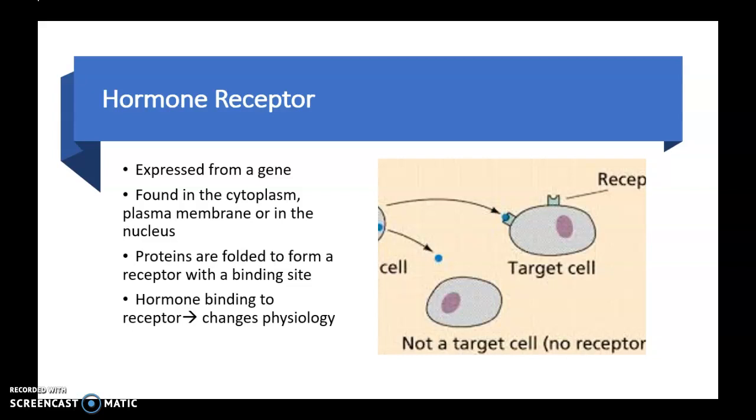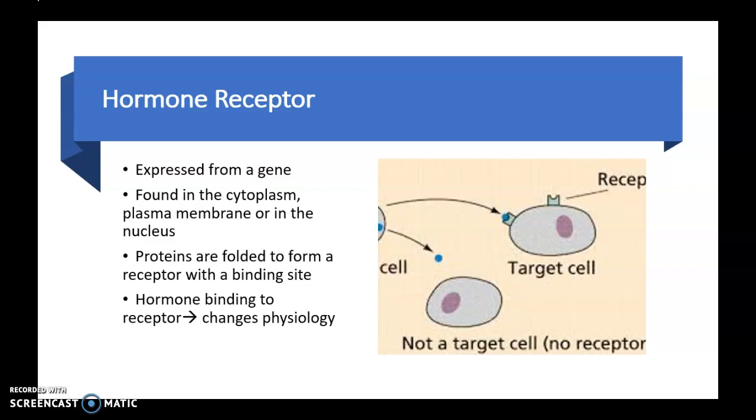Now, proteins are folded, and when a protein that is acting as a receptor is folded, it has a binding site. And when a hormone binds to its receptor, it's a perfect fit. It's like a fit between a glove and a baseball. And when a hormone binds to its receptor, it alters the physiology of the target cell.